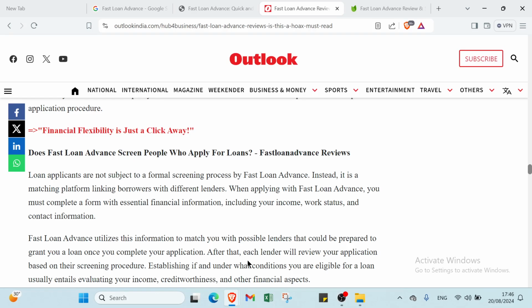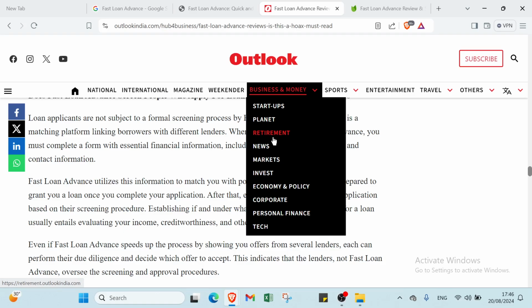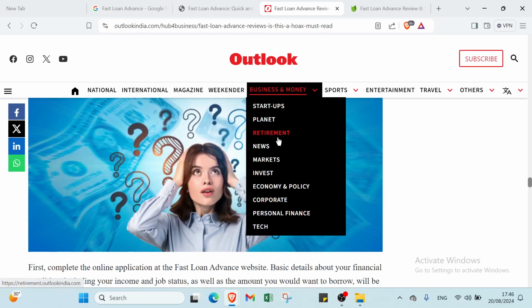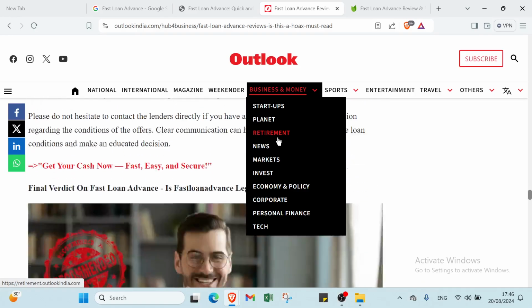So right now I will give you some key benefits of a fast loan advance. So the first thing is quick access to funds. Fast loan advances provide rapid access to money, often within 24 hours, which is ideal for urgent financial needs or emergencies. Also a simple application process.